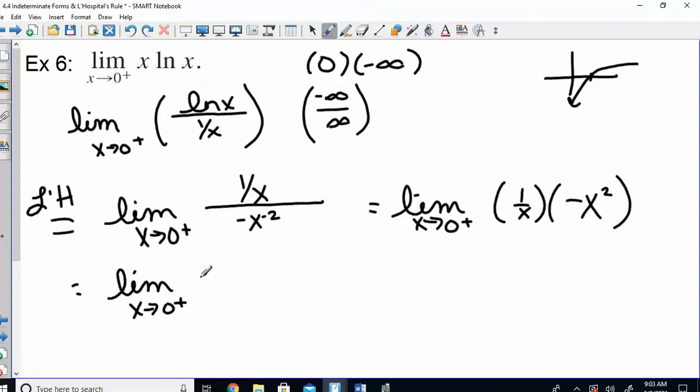So if you multiply those, one of your x's cancel, and we just get a negative x. Can I plug in at this point then? Absolutely, and my answer is 0. Did I lose anybody on that algebra? I didn't necessarily show all my steps, but I can show more.